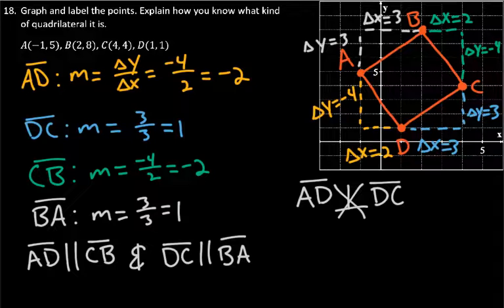So we do not have right angles here. That means this can neither be a square nor a rectangle, so it is a parallelogram.